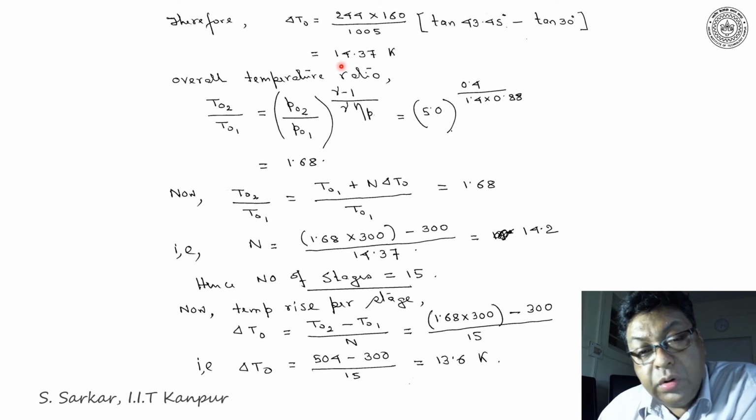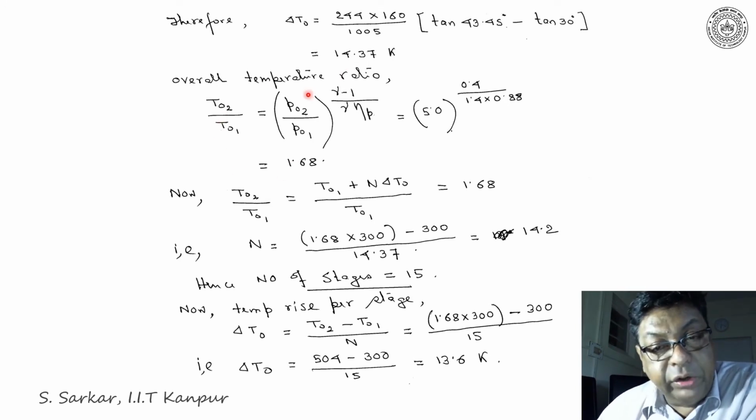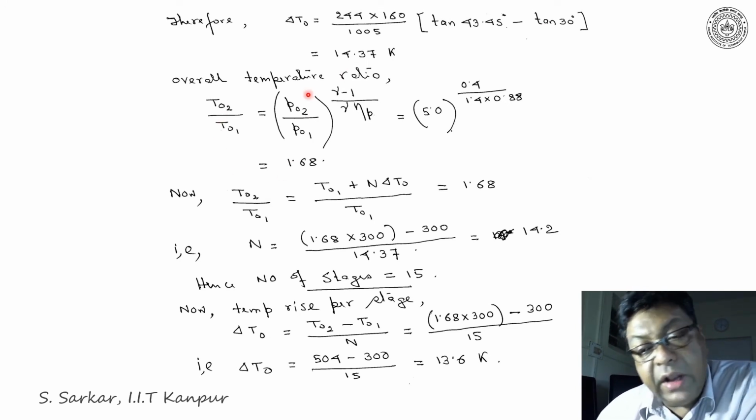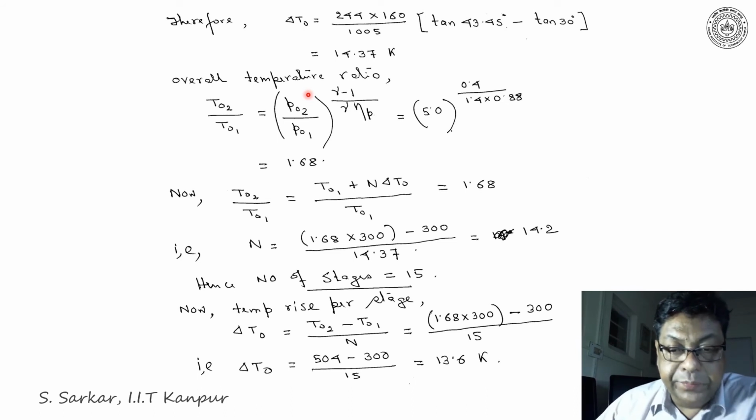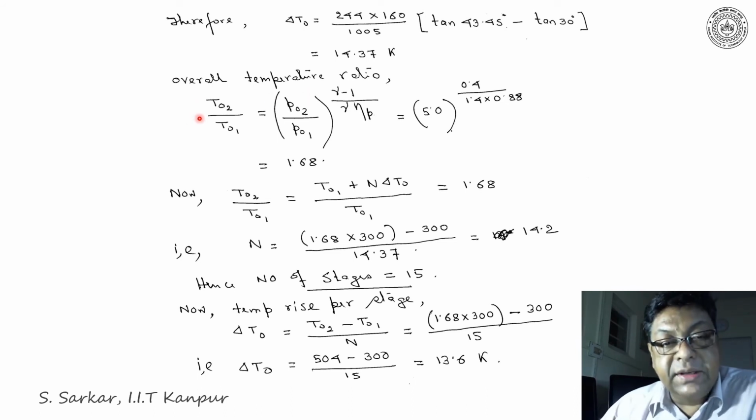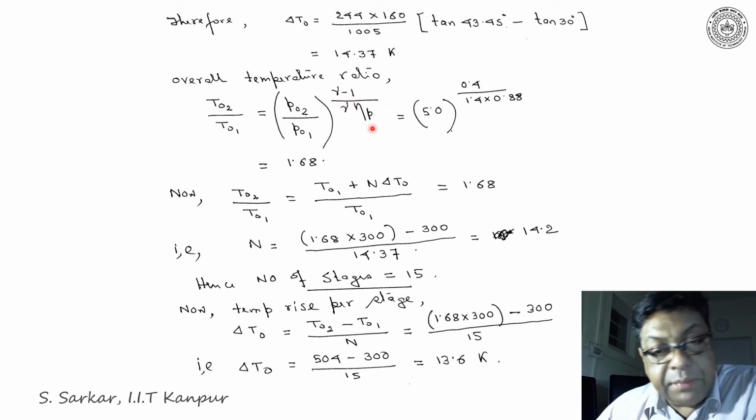Now we know overall pressure ratio as 5, thus we can evaluate overall temperature ratio from the relation T02 divided by T01 is equal to P02 by P01 to the power gamma minus 1 divided by gamma into eta P. Eta P is the polytropic efficiency.